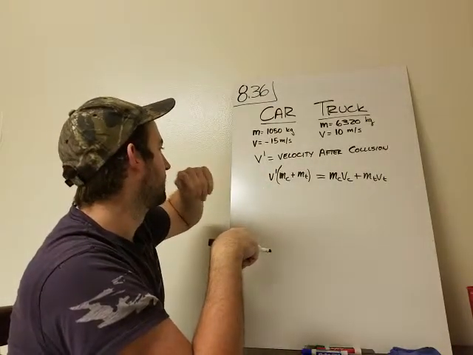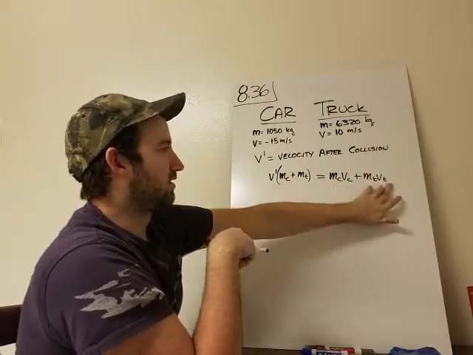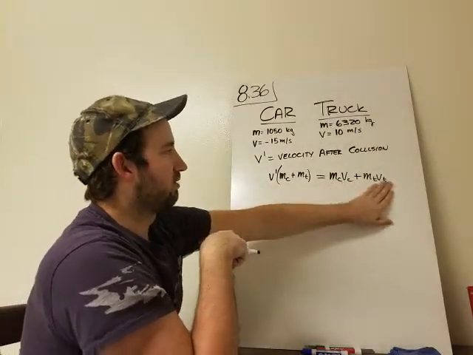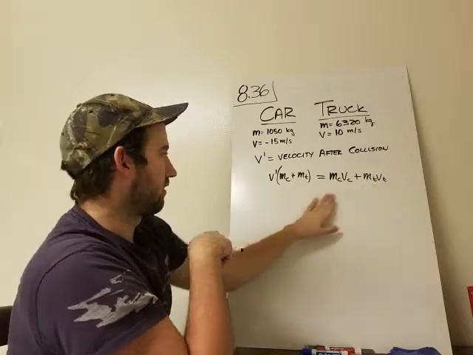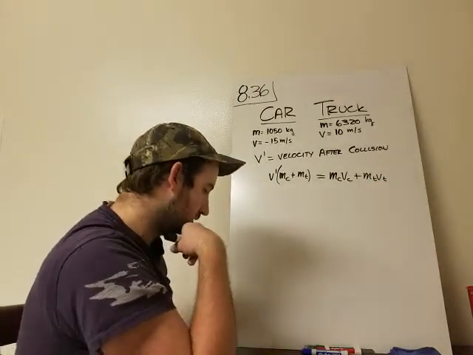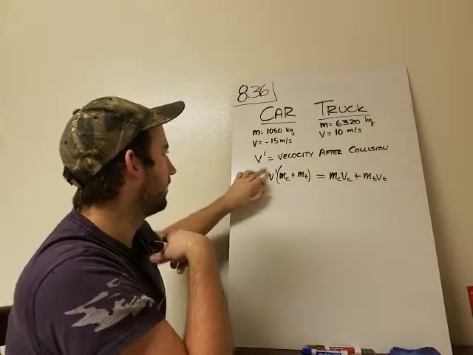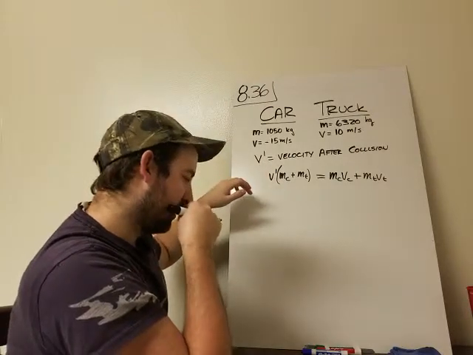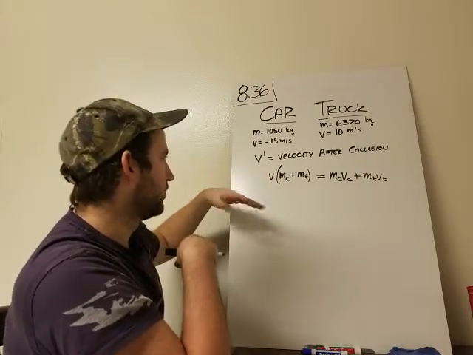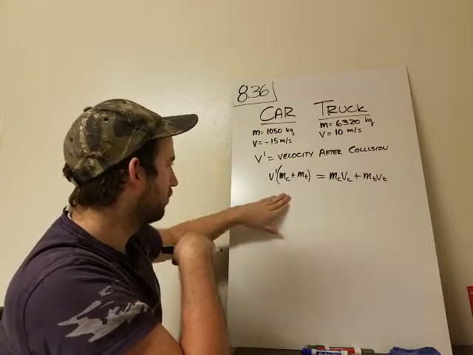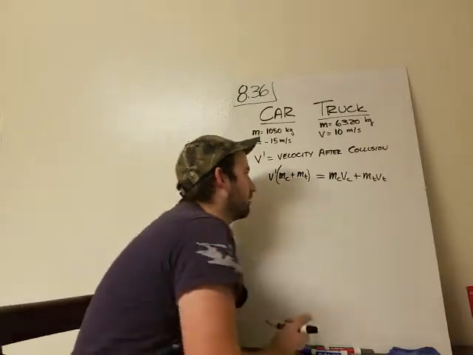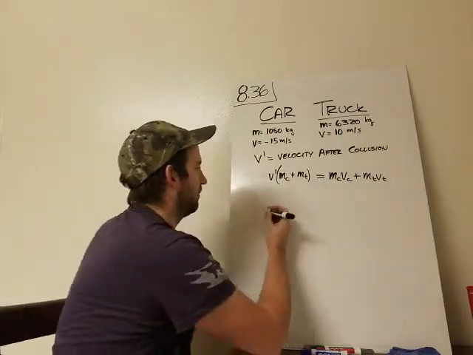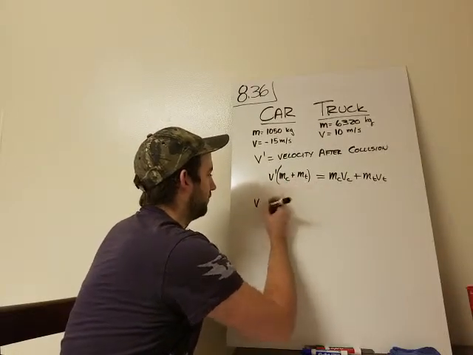And this is the momentum of the car plus the momentum of the truck. Now what it wants to know is V prime, the velocity after the collision, so we're going to solve for V prime by dividing this over.